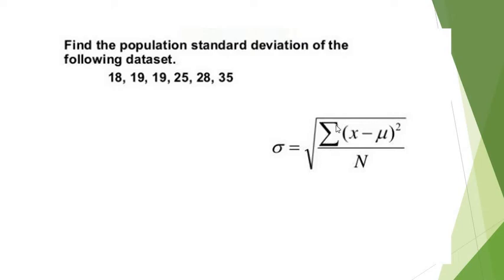We also have the uppercase sigma. So we have two sigmas, a lowercase one and an uppercase one. The uppercase sigma, or the capital sigma, is the summation of a set of values. So we're going to add up a set of values.